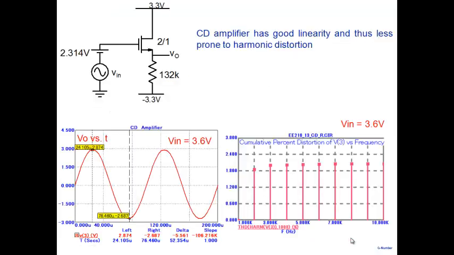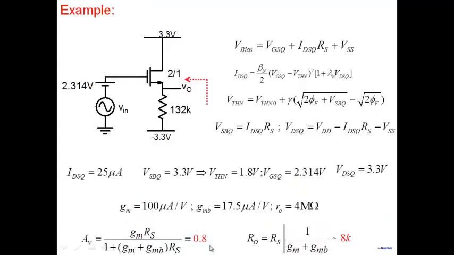All right, the other one is that this amplifier, like a common collector amplifier, is a highly linear amplifier. If you look at this particular one, AV, V0 is very close to V in. Whatever V in you apply, V0 is equal to V in, and that's a highly linear relationship.